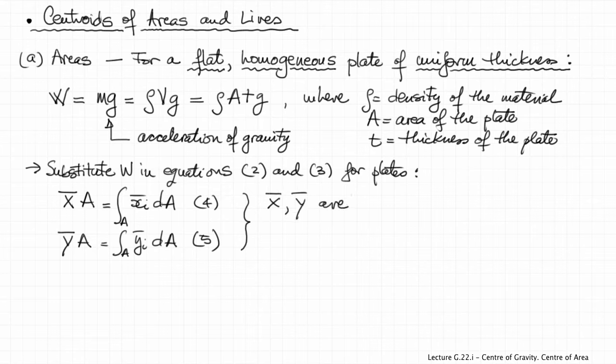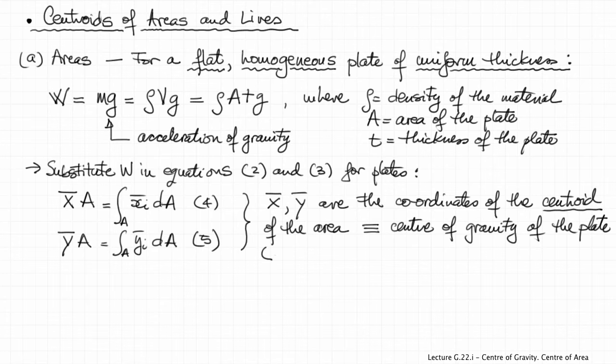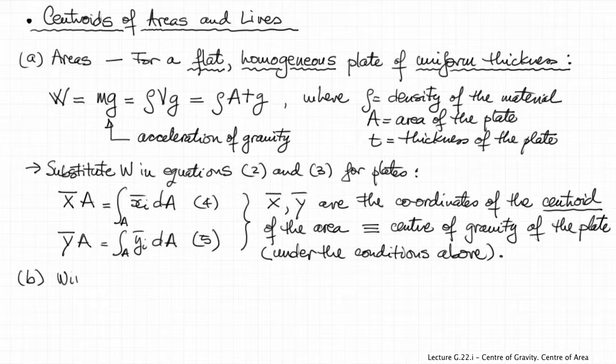These are two very important equations because they will help us determine x bar and y bar, which are the coordinates of the centroid of the area, which coincides with the center of gravity of the plate if the conditions mentioned above are satisfied. So the plate is flat, homogeneous, and has uniform thickness. So for such a plate, all we have to do is determine the centroid, and the centroid will also be the center of gravity, and that's the point where the weight acts.